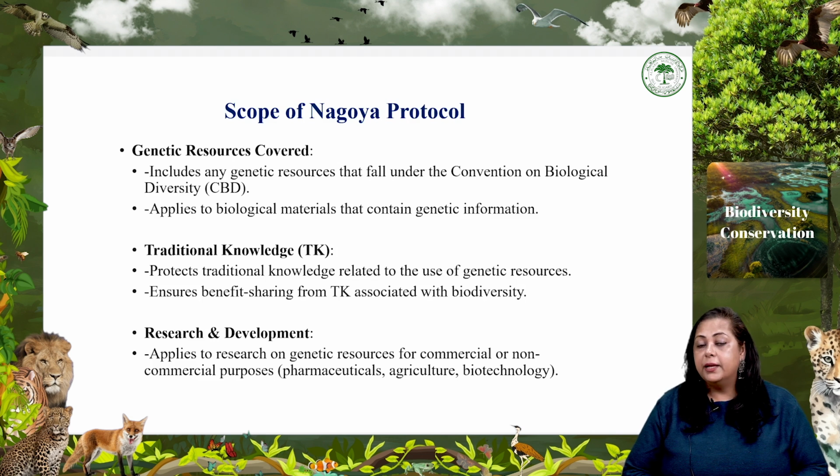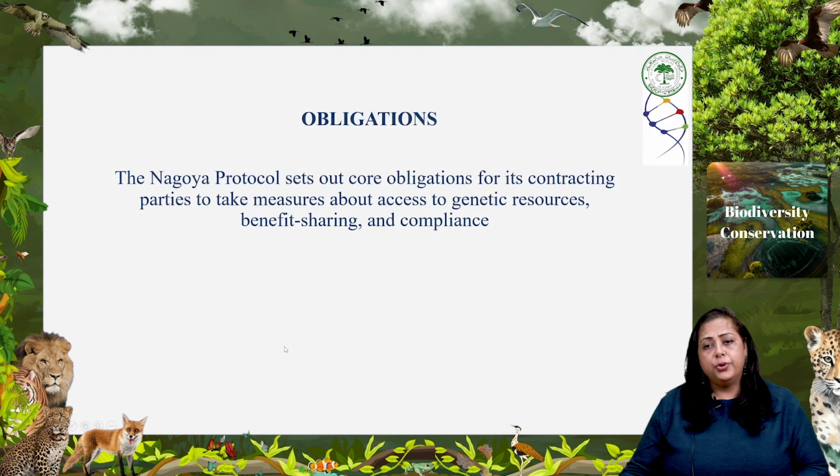I am again and again giving the example of turmeric, neem, azadirachta, everything. So ensure benefit sharing from traditional knowledge associated with biodiversity. Research and development: applies to research on genetic resources for commercial or non-commercial purposes, for example, pharmaceutical, agriculture, biotechnologies. So these are the scopes of the Nagoya Protocol.